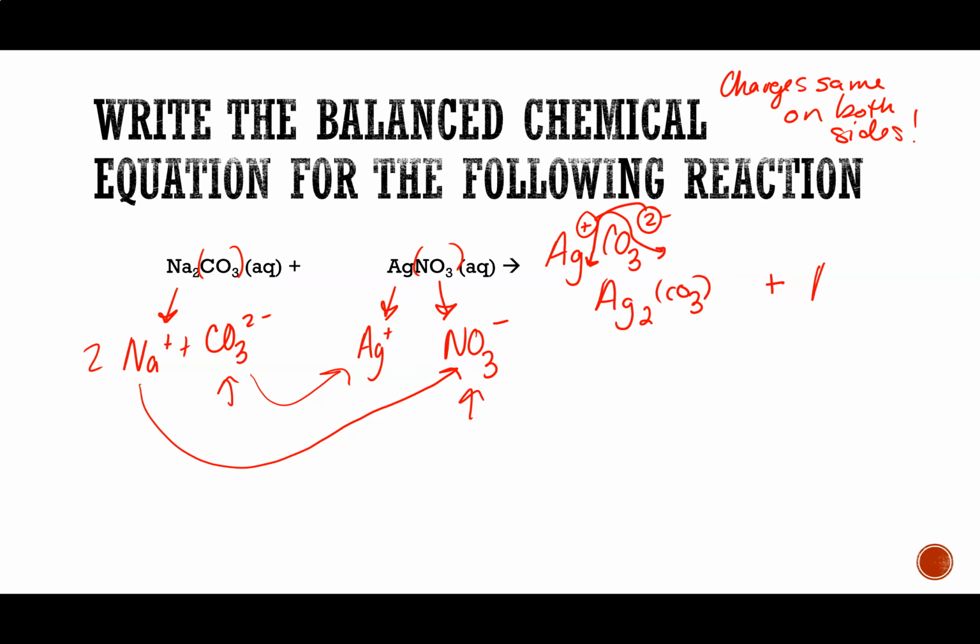And then we're going to get NaNO3 because there's a +1. Sorry, let me go back up here. So then we're going to do Na +1 and NO3 -1. We're going to take the ones, crisscross, and we're going to get that it's just NaNO3, okay?